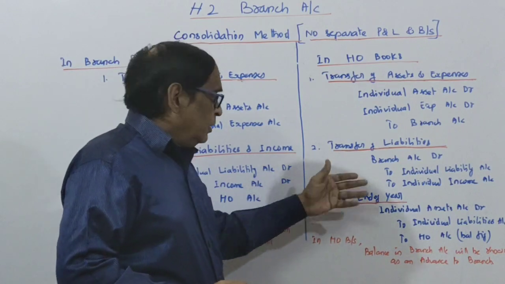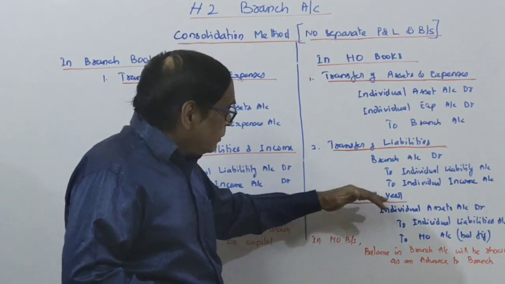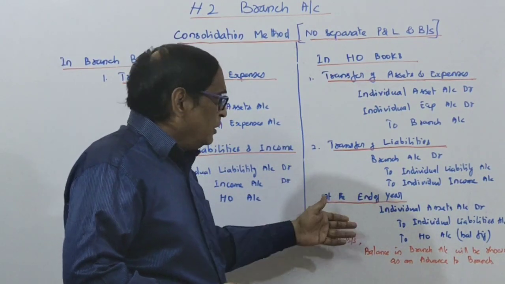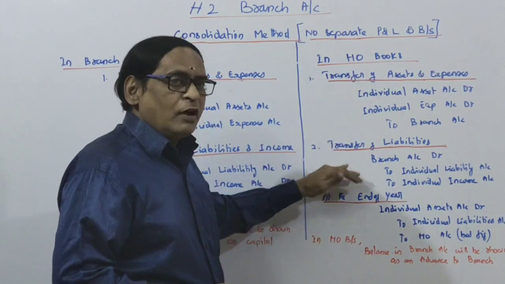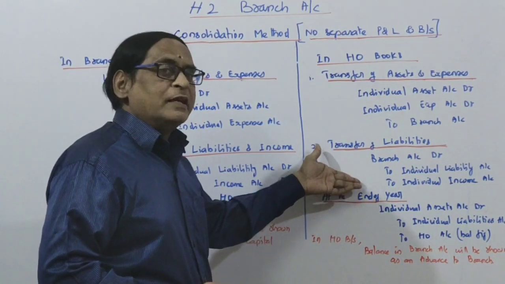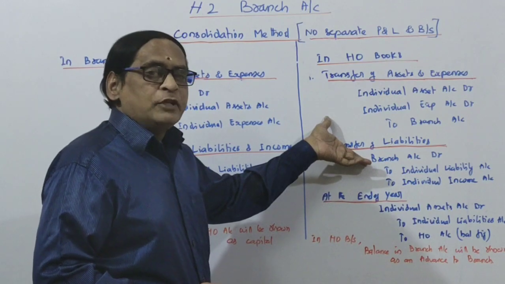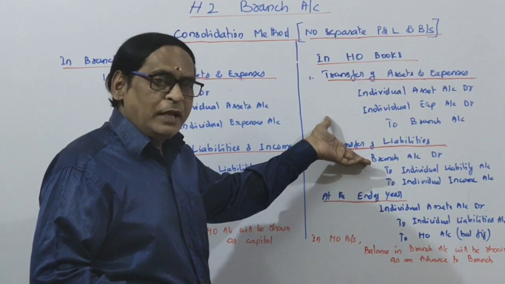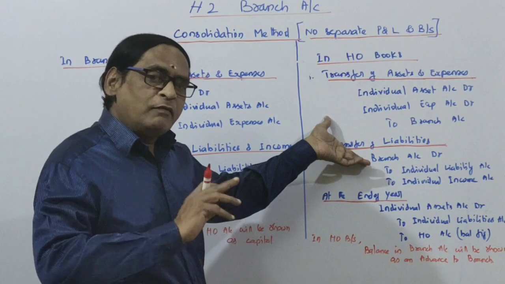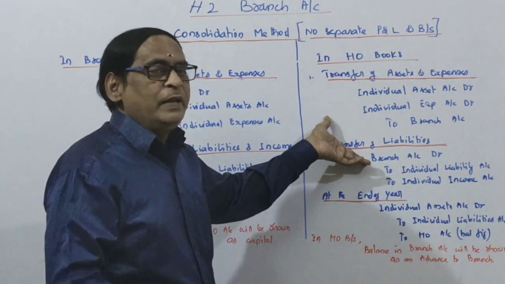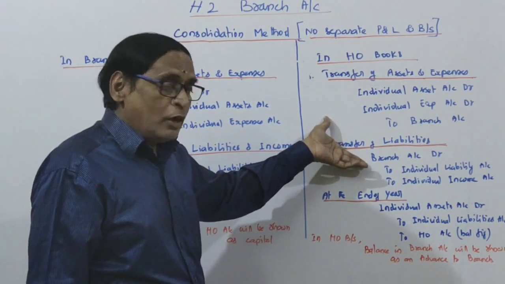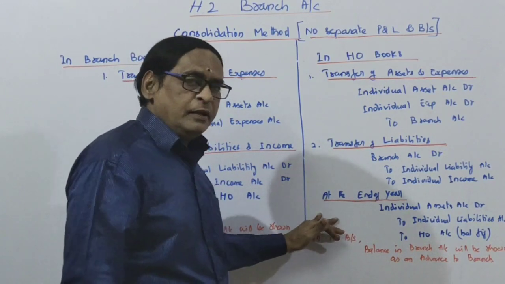And then what will be the effect at the end of the year? If you are making these two entries, what will be the effect? For example, if the assets total 10 lakhs rupees and liabilities total around 8 lakhs rupees, there will be a difference. The difference will be 2 lakhs. So for that we have to make one entry at the end of the year.